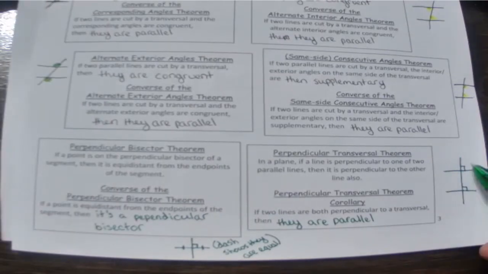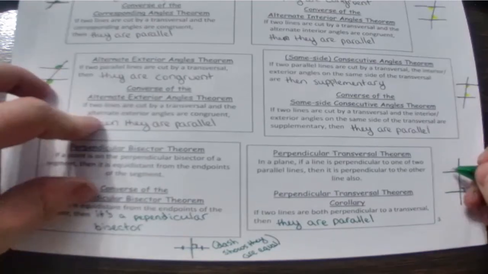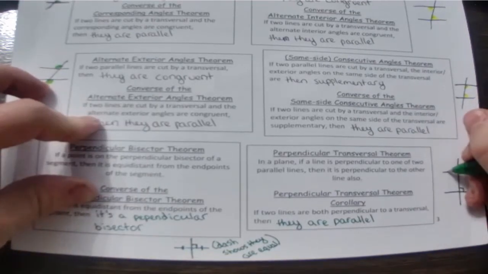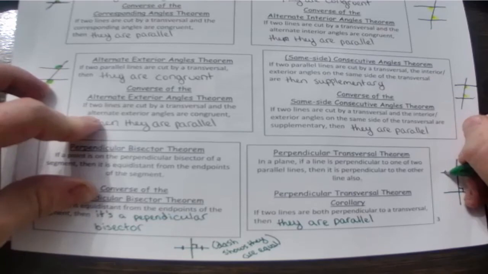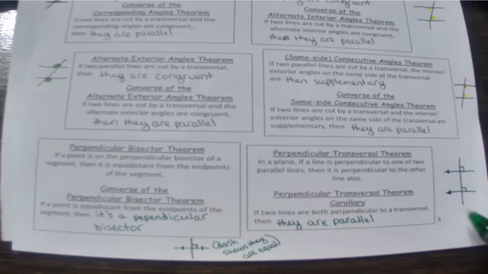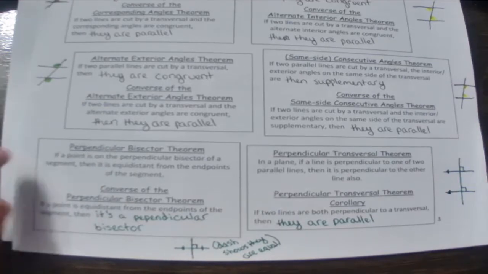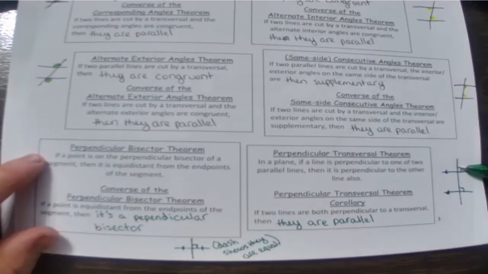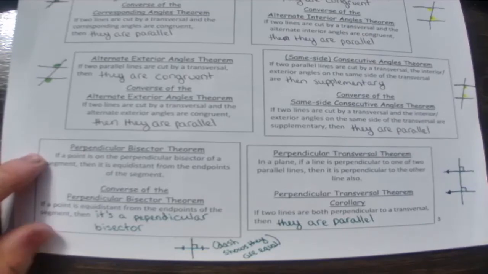So if I have parallel lines, one way that we'll know that they're parallel is if you see a little filled in triangle on them. So you'll see more examples later like that, but if you have a right angle, they both have a right angle.